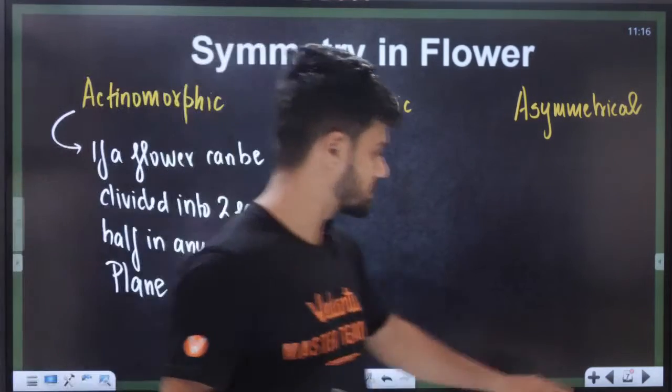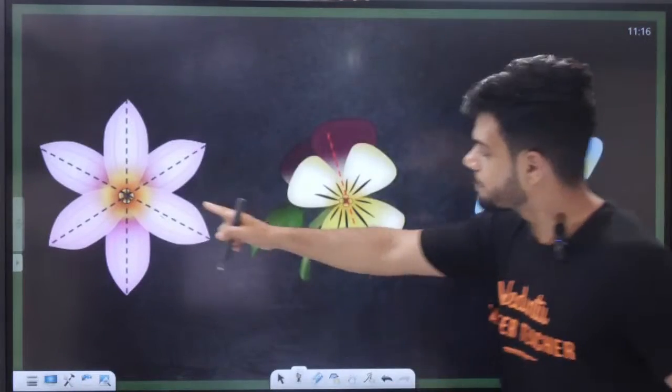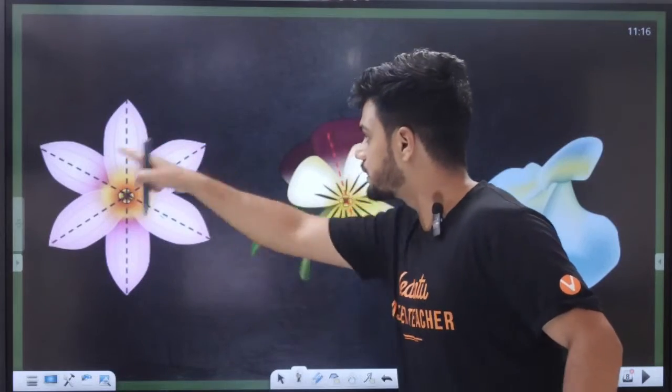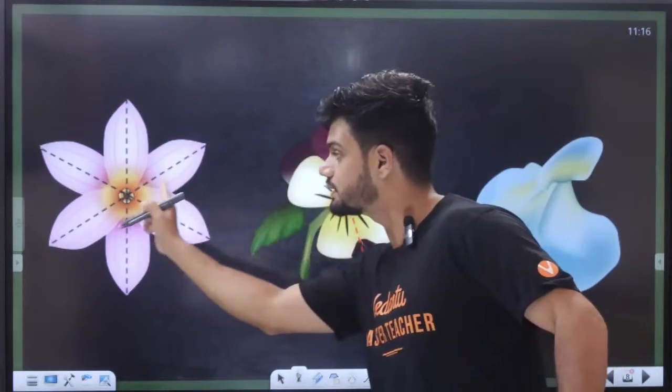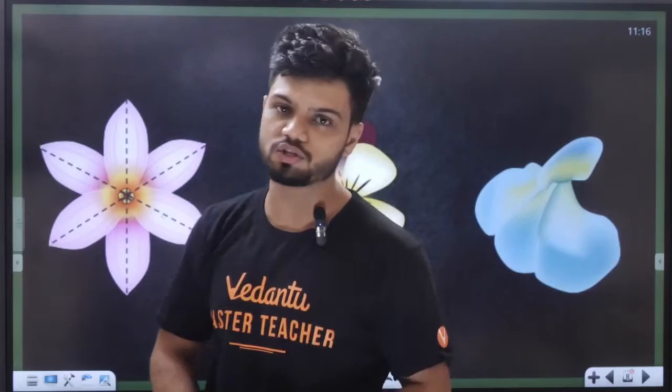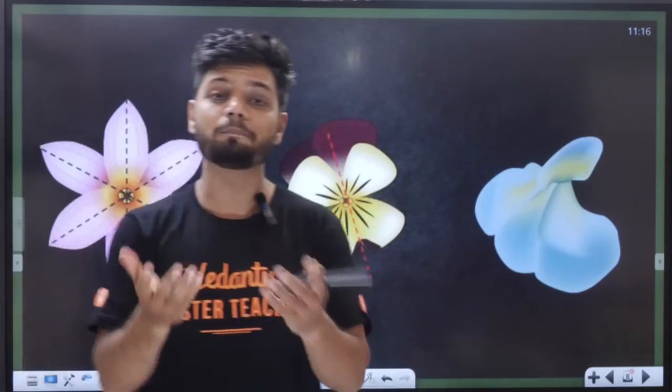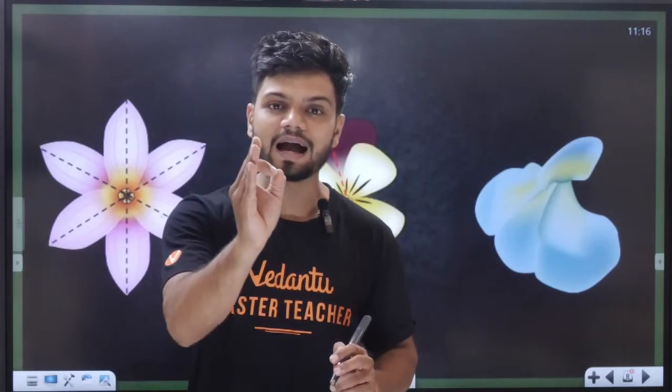For example, see this flower: you can cut it in this plane, in this plane, or in this plane. Chop, like Fruit Ninja. You can cut it in any plane. That is called actinomorphic.